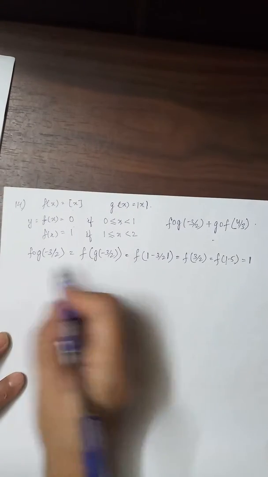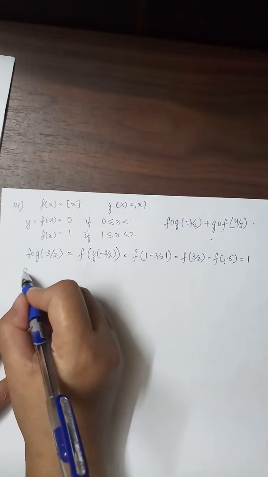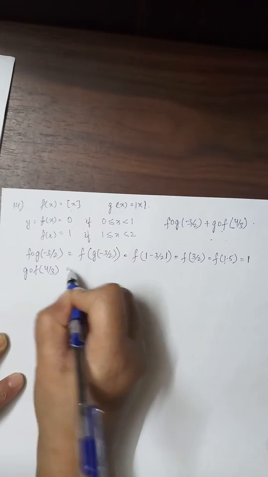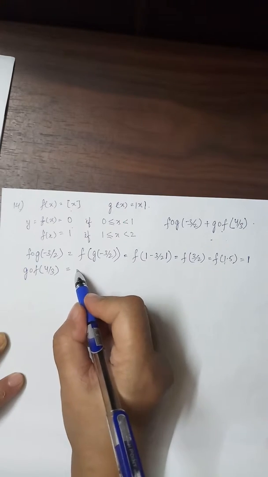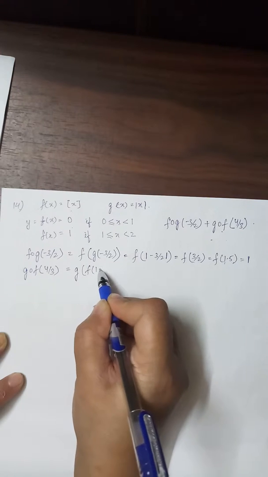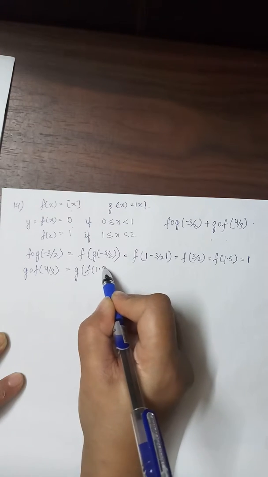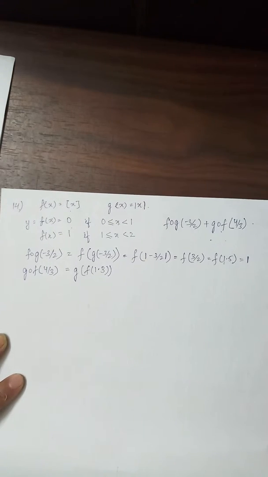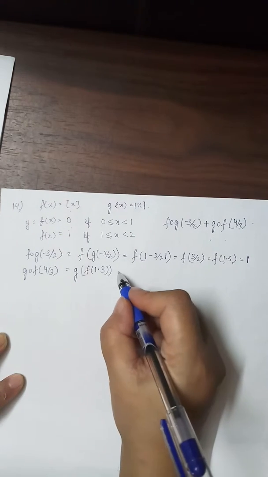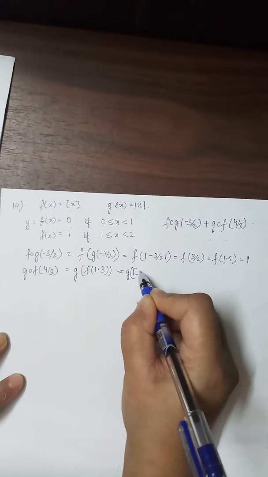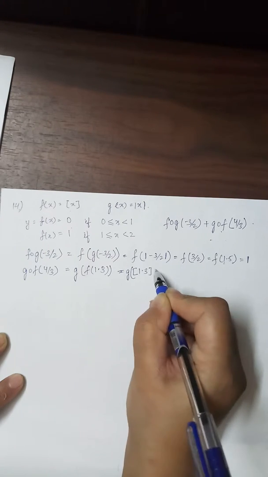Again, the second part of this, g o f of 4 by 3. This will give you g of f of 4 by 3. We can write 4 by 3 as 1.3. This can be written as g of f of 1.3.